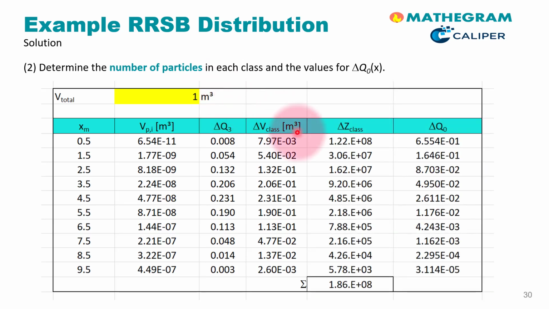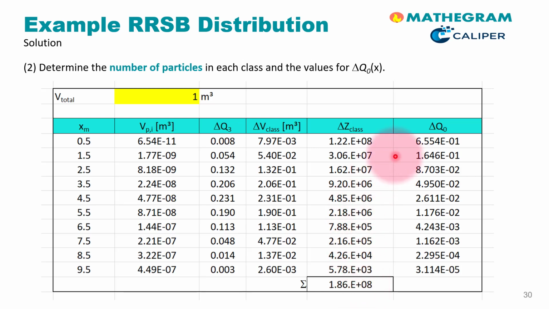Next, we can calculate the number of particles in each class simply by dividing delta V class by a single particle volume. After summing up all the particles in each class, you see this is quite a lot. Since we arrive at almost 200 million particles, we are ready for the final step.